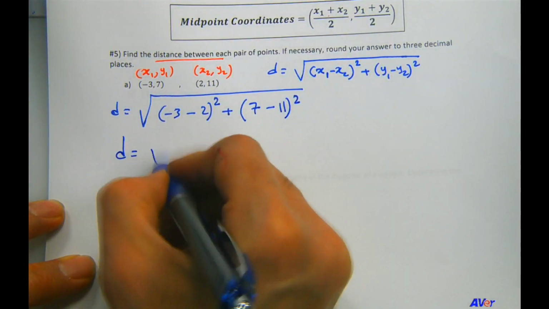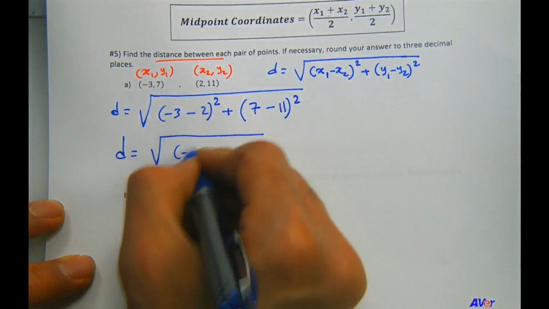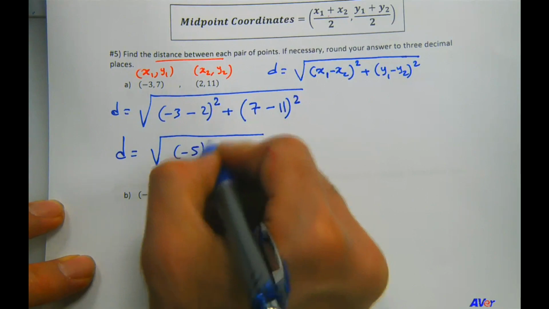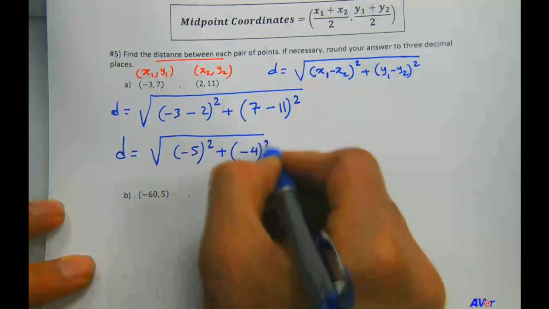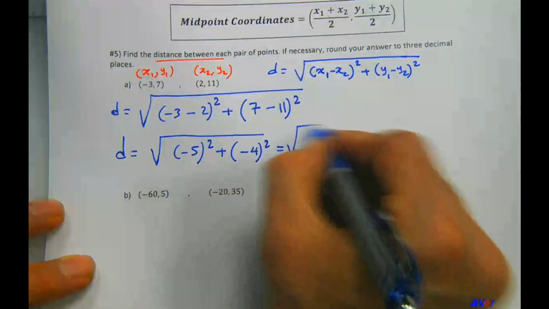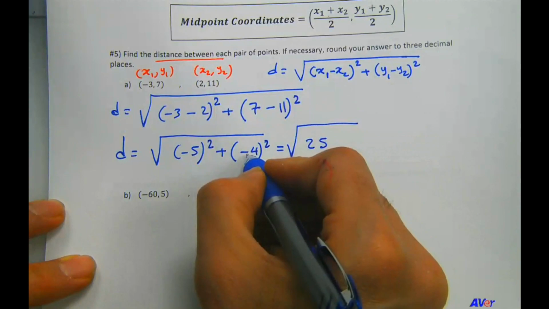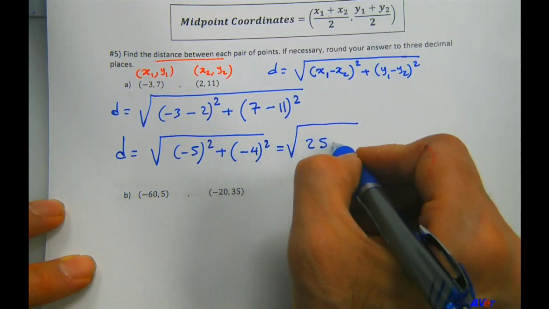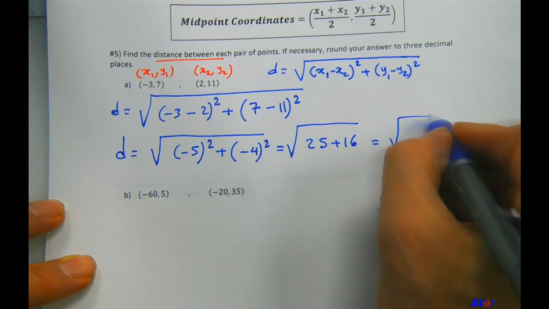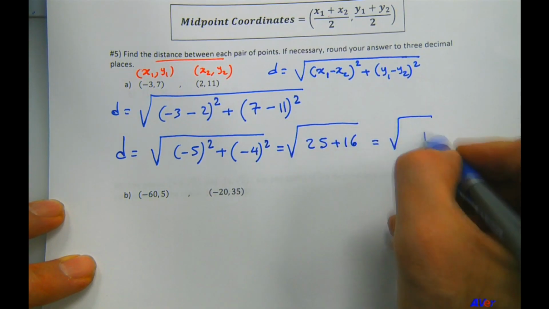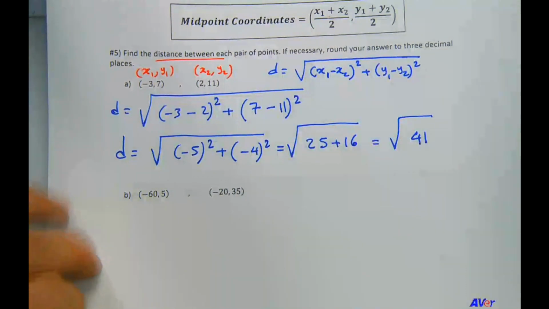D equals minus 3 minus 2, that's minus 5 squared, plus 7 minus 11, minus 4 squared. Minus 5 squared is 25. Minus 4 squared is positive 16. And we have square root of 25 plus 16 is 41, square root of 41.